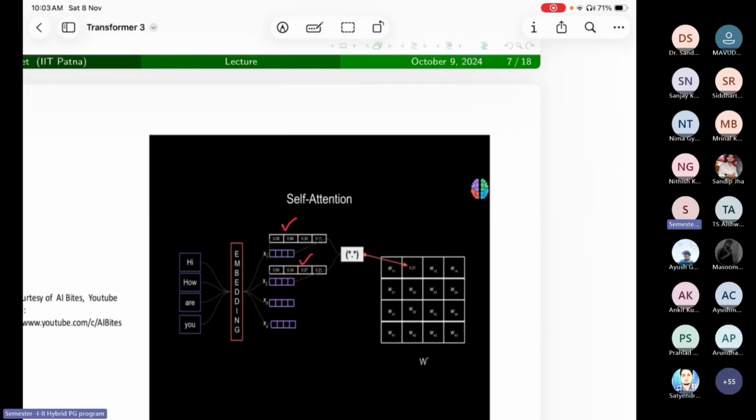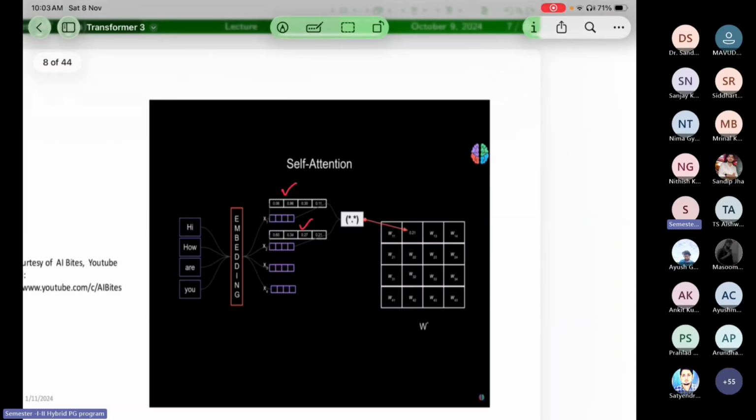The range can go from -1 to 1, but let us ignore the negative part and just focus on the positive part. If you are getting 1 or close to 1, that means these two vectors are very similar. If you are getting close to 0, that means they are dissimilar. So we are just finding the correlation between every two vectors.